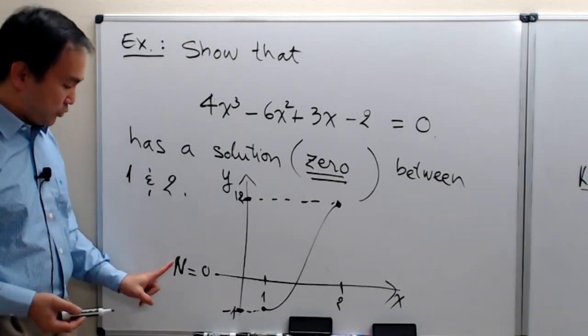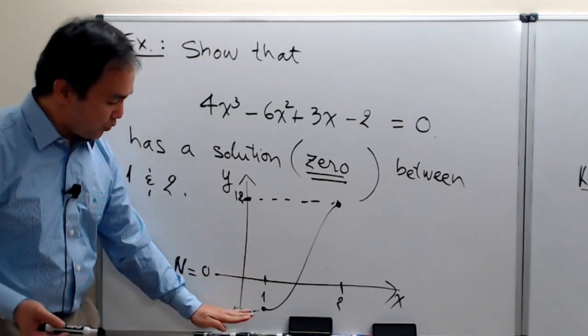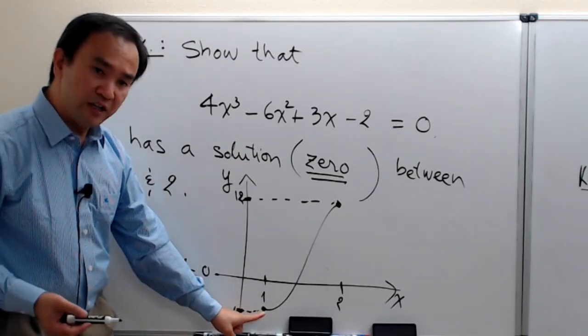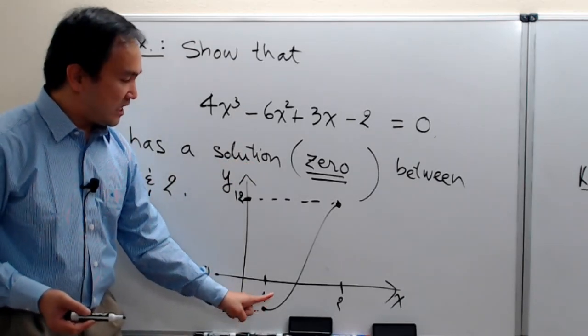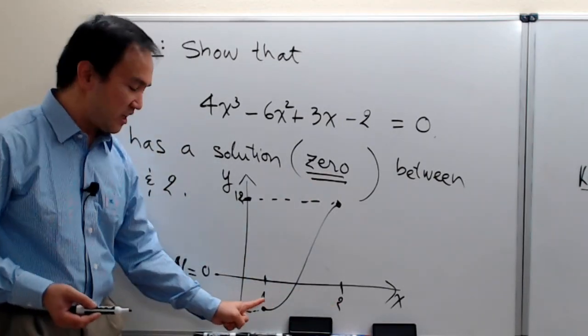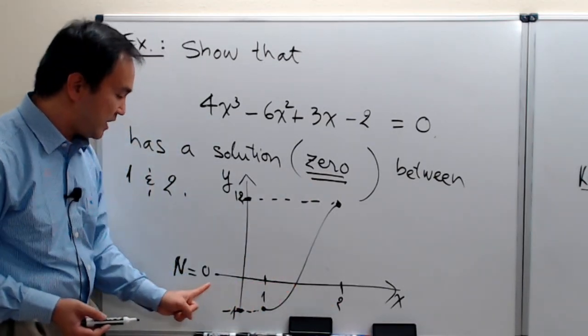Treating n as a value in that vertical interval, the only way for this continuous function to maintain its continuity inside of this closed interval is that it has to hit it.